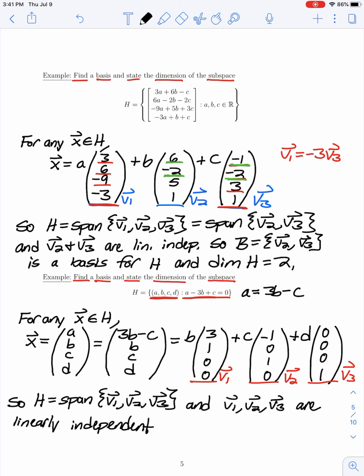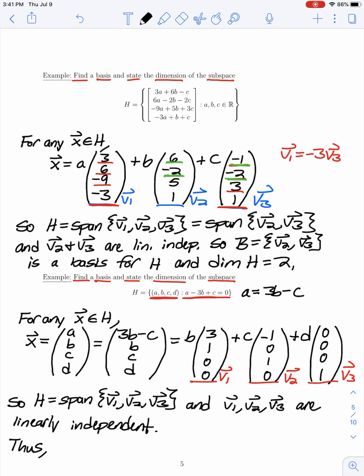Another way to check linear independence here, you could take a matrix which has this V1, V2, V3 as its columns, row reduce it, and show that the only solution to the homogeneous linear system with that coefficient matrix would be the trivial solution. So here we've found that these vectors are linearly independent.